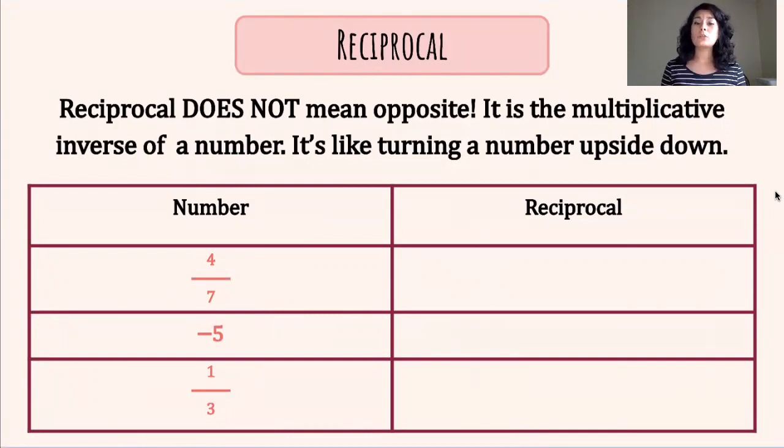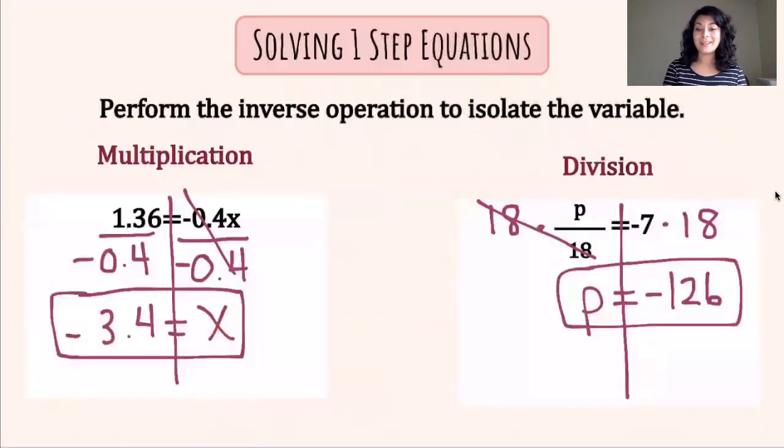So take a moment to define this key term in your notes, as well as draw this table that you see here. The left-hand side should contain these numbers, and on the right-hand side, we're going to list what the reciprocals are. Okay, so as I mentioned, a reciprocal is a multiplicative inverse. When we think about inverse, think about the examples we just did.